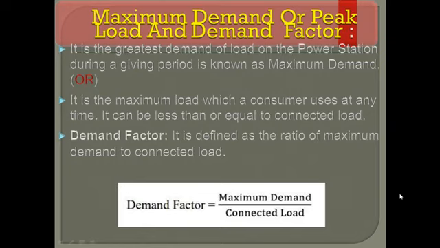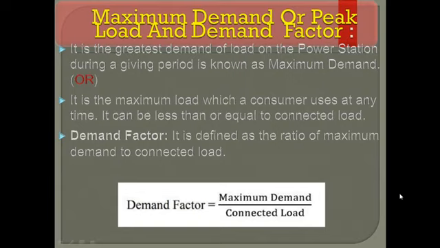Maximum demand or peak load is the greatest of all the demands that have occurred during a given period. It is determined by measurement according to the specifications over a prescribed interval of time.